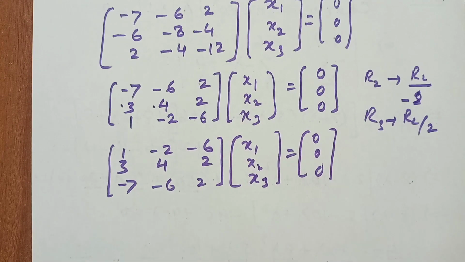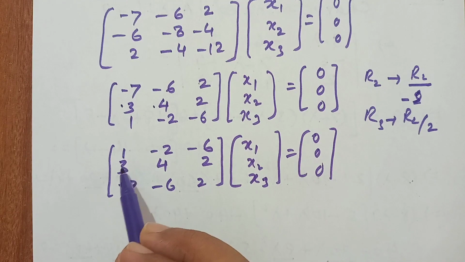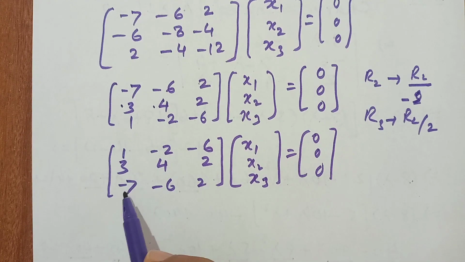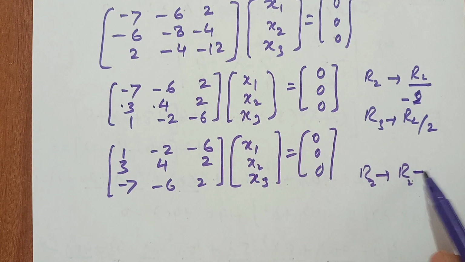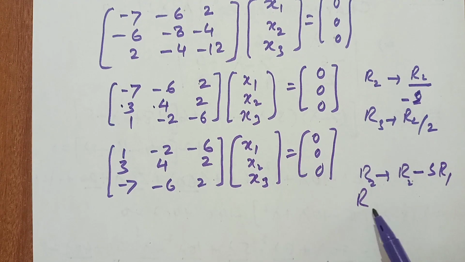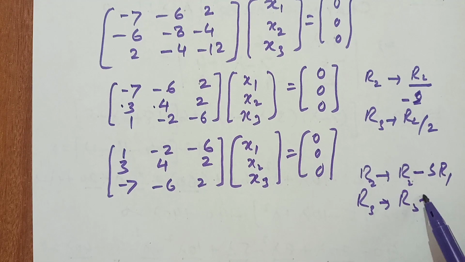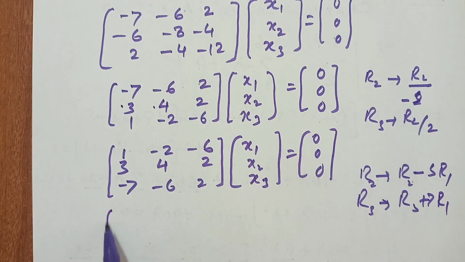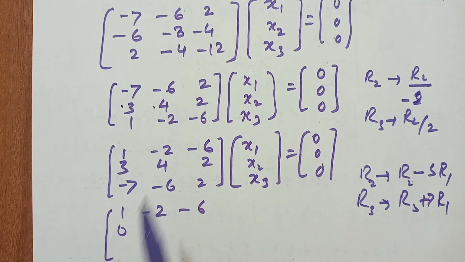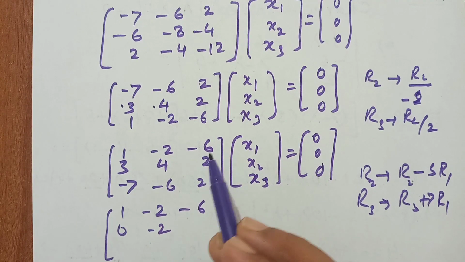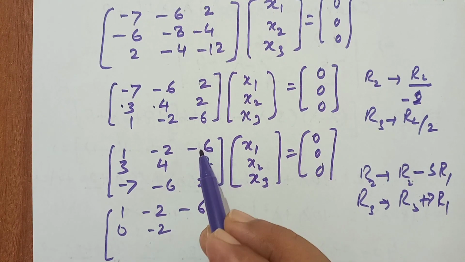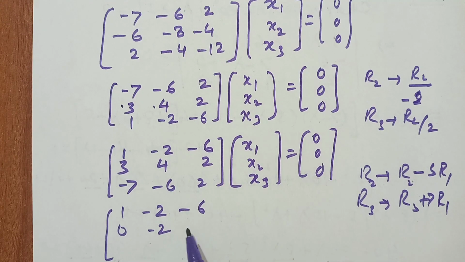Now is it very easy? Our aim is to make this 0 and this 0. So R2 tends to R2 minus 3 R1, R3 tends to R3 plus 7 R1. So here 1 minus 2 minus 6; 3 minus 3 is 0, this is 6, 4 minus 6 minus 2; this is 3 and 18 plus 18, 2 minus 18 minus 16.